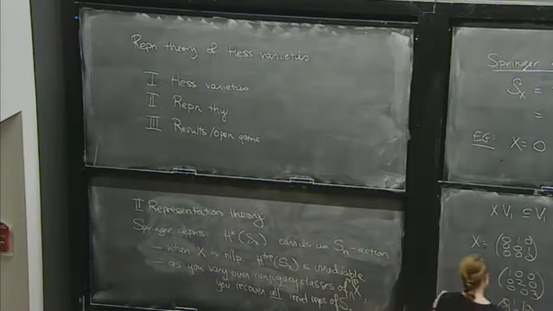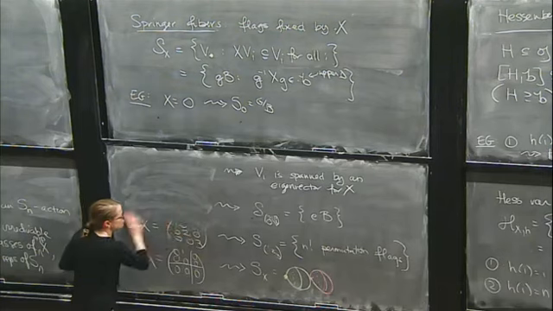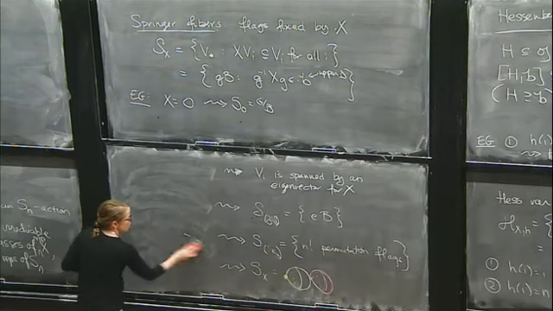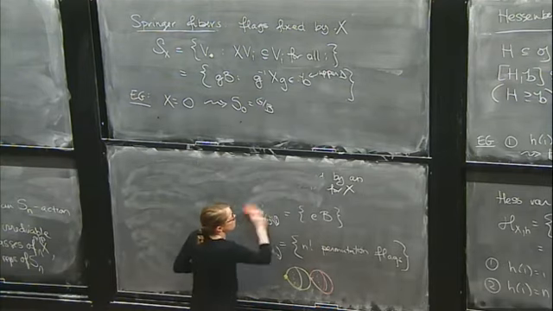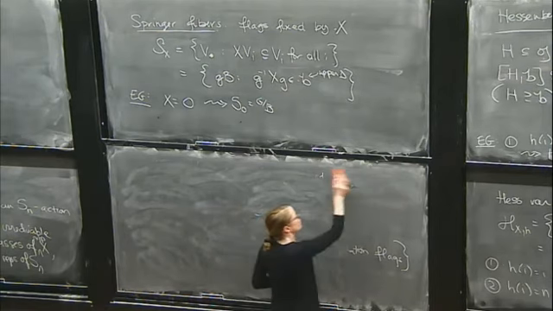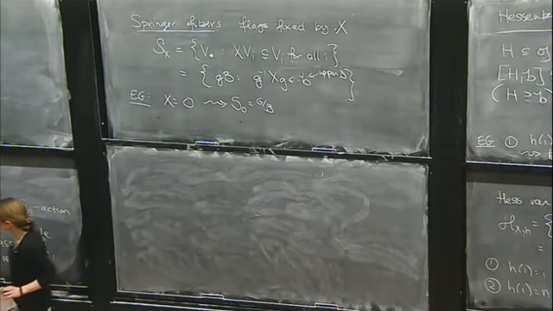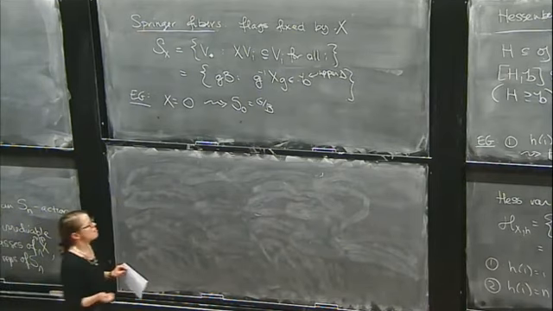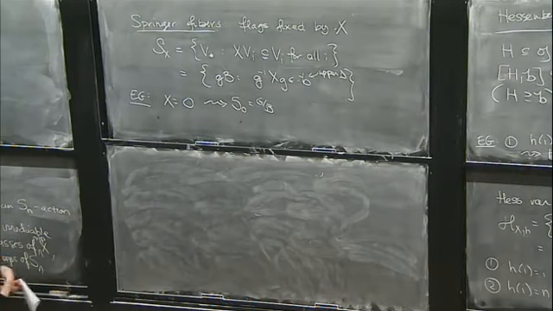Great. I'm not going to prove this construction. I'm not going to prove anything, but I'm going to give you a picture that at least shows you one possible way of constructing the Springer representations.